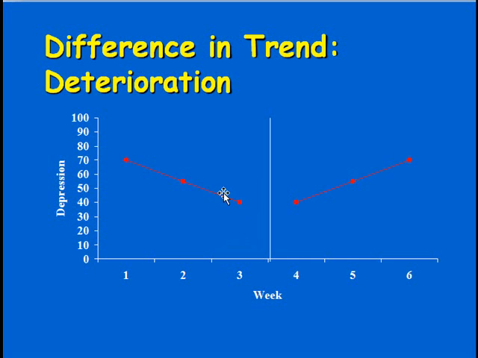So in this case, the assumption is that this is going to keep going downward, and there's what we call a floor effect, so it won't continue like this. It'll sort of bottom out. But clearly, there's a change in trend. In the intervention, your client is getting worse, so you can clearly see there's deterioration here.